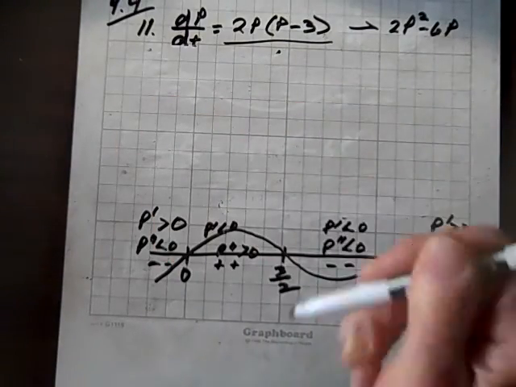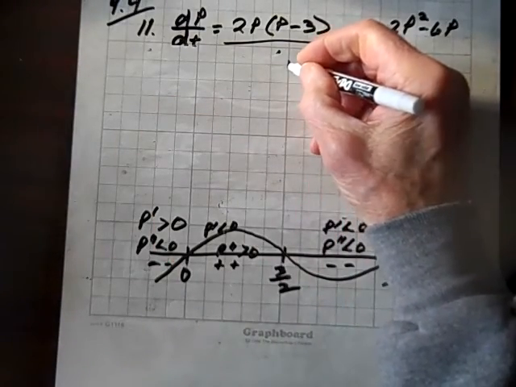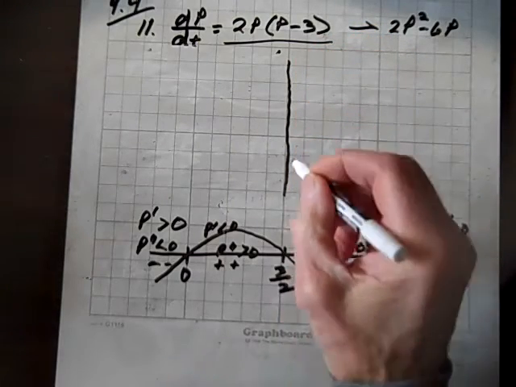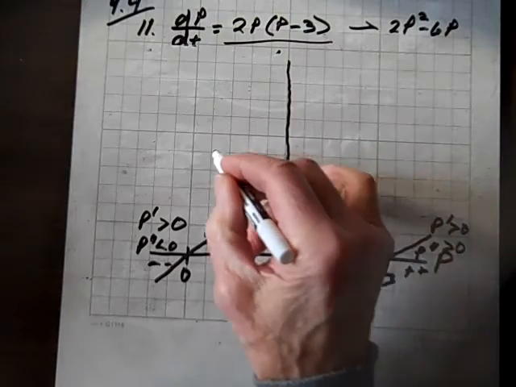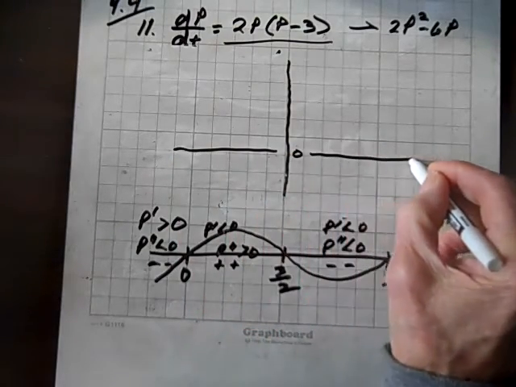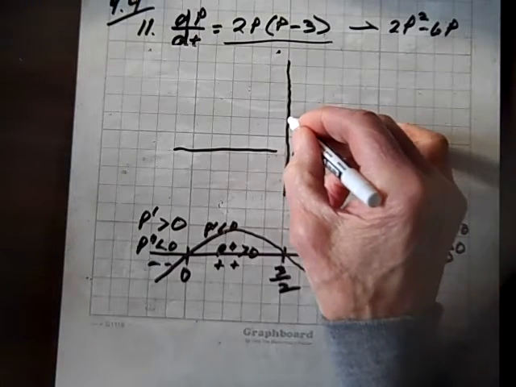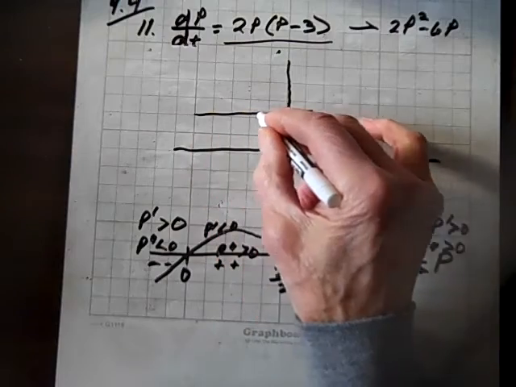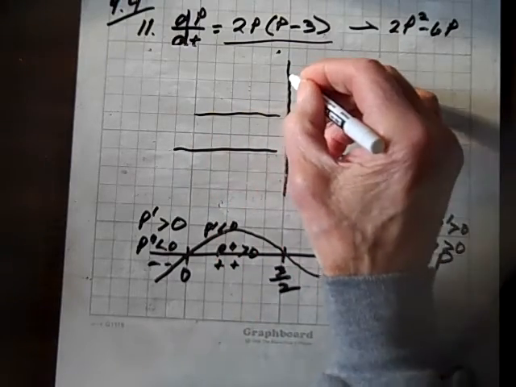And we'll do our diagram. So here we are at 0, 3/2, and 3.